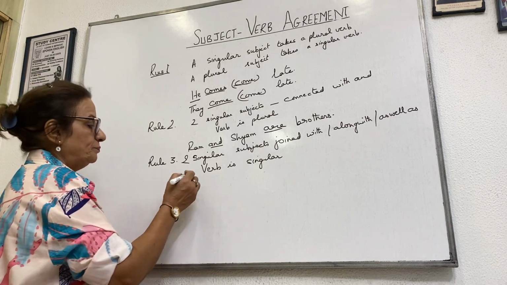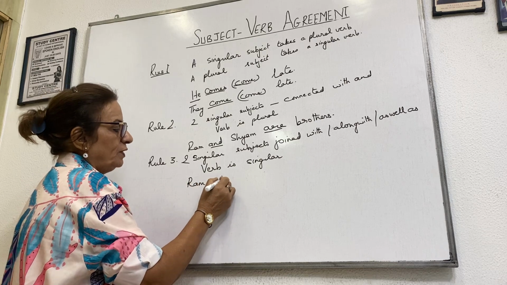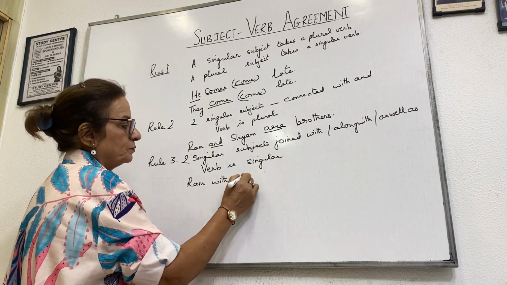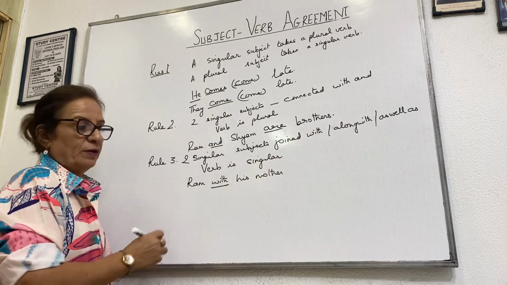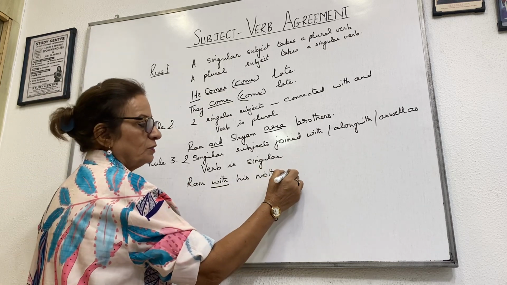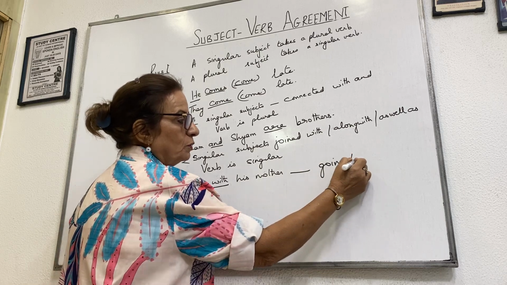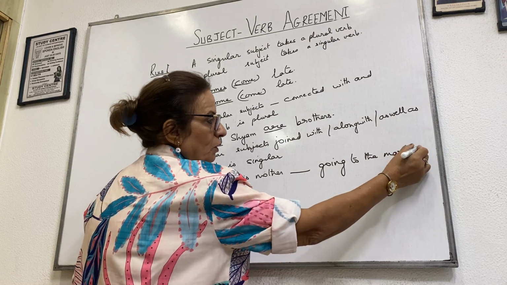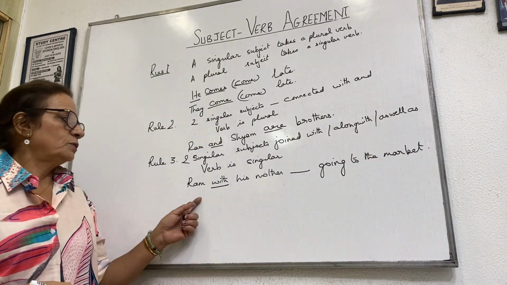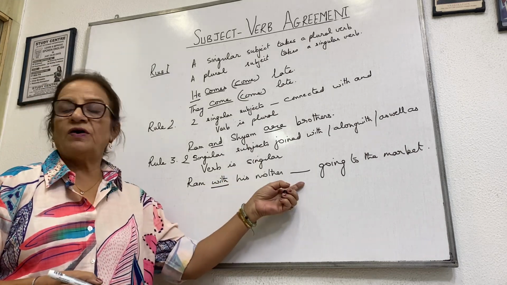Take an example. Ram with his mother. Here I have joined Ram and his mother with with. So the verb will come according to the rule: going to the market. According to the rule, two singular subjects joined with with, the verb is singular.